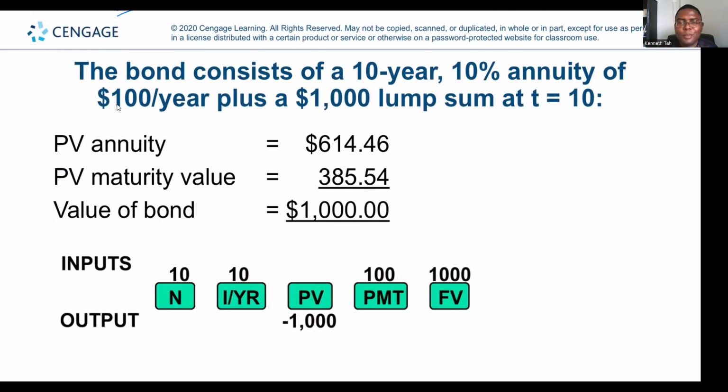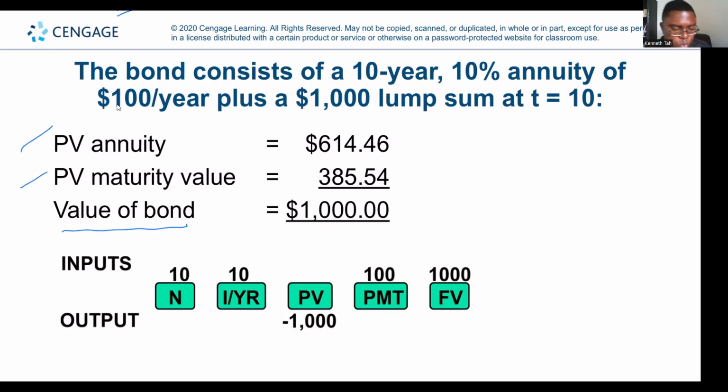So that is a lump sum. So with our knowledge of time value of money, we are going to value this bond. The value of the bond is going to be the present value of an annuity plus the present value of the lump sum, or the maturity value.